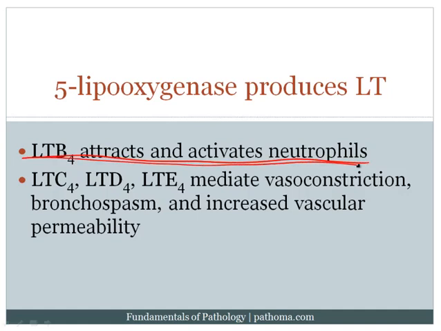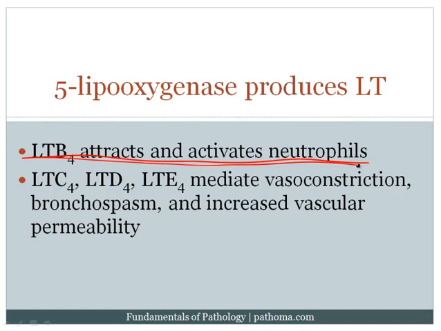Okay, I'm going to take a step back here and remind you that there are three key mediators, some people might say four, so let's say four key mediators that actually attract and activate neutrophils. The first is leukotriene B4, the second is C5a, the third is IL-8, and the fourth are bacterial products. So these four mediators are the ones that you need to store away in the back of your mind.